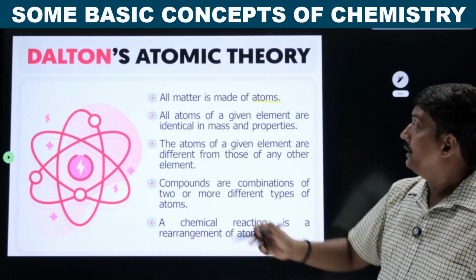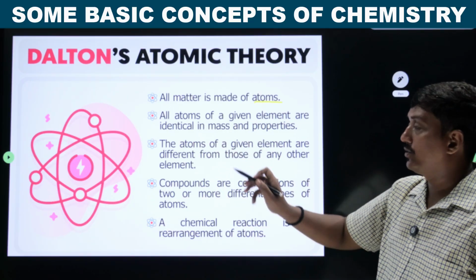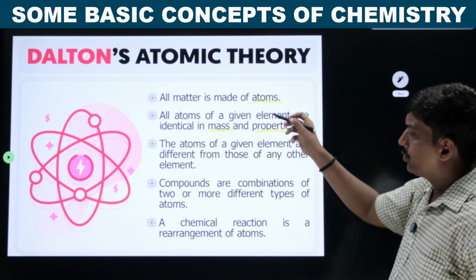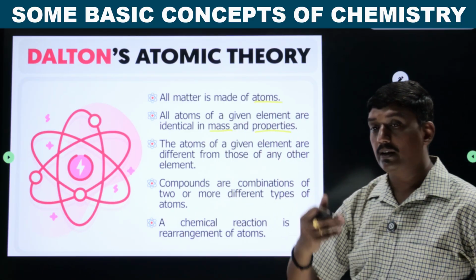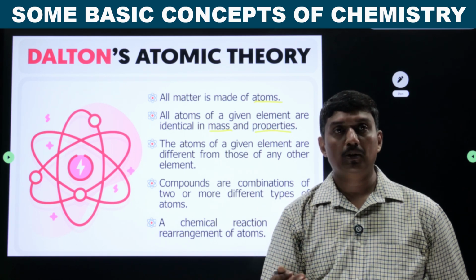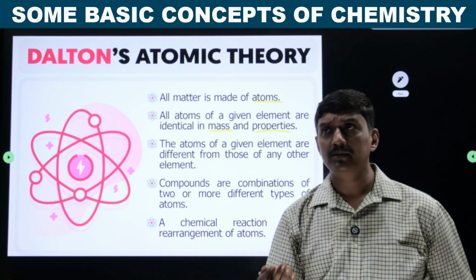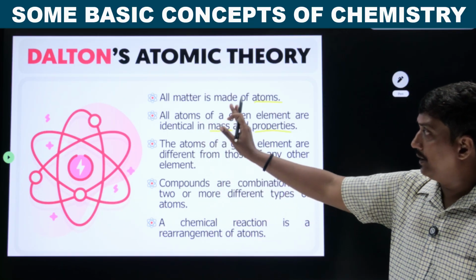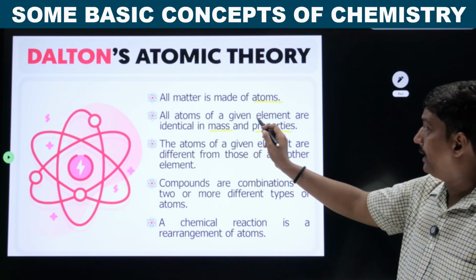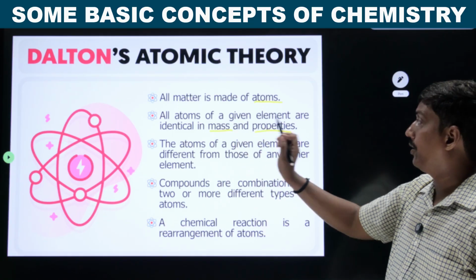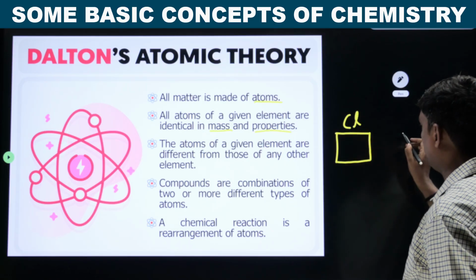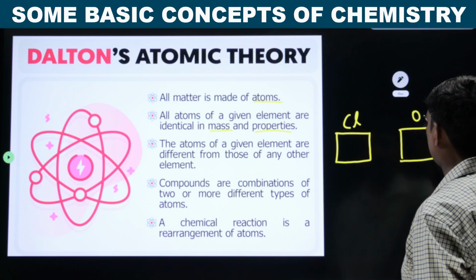First one. All atoms of a given element are identical in mass and properties. This looks very simple, but it has great importance for further development of science and chemistry. Look here, all atoms of a given element are identical in mass and properties. You take chlorine element and oxygen element.